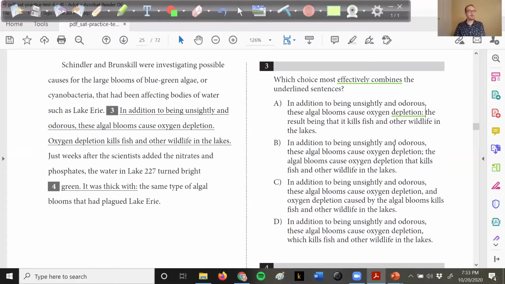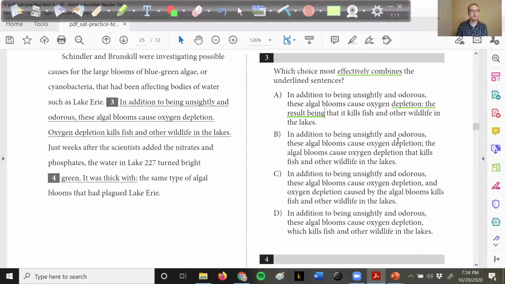That's not usually what we use it for. We use it to expand on an idea. Also, this phrase, the result being that it kills fish. You could just say resulting in the death of fish. The result being is an incredibly clunky, awkward kind of phrase. So I don't hate it, but I'm hoping that I'll find something better along the way.